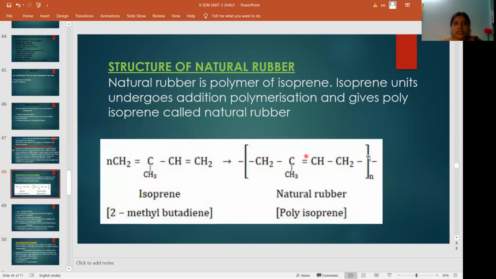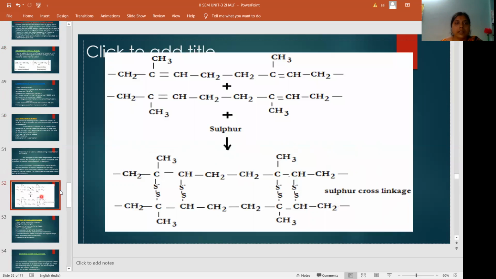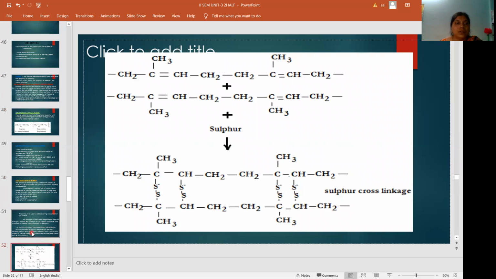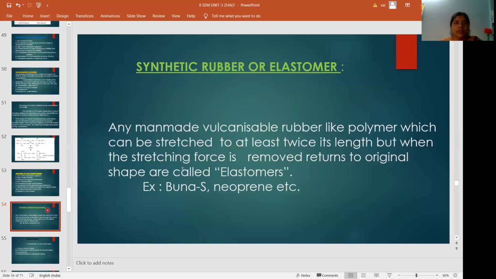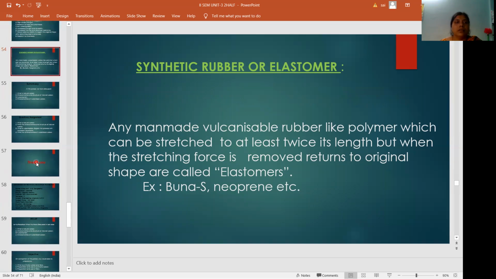Among this, the structure of natural rubber is very important, and the vulcanization process is very important. And one more question, what is elastomer or what is synthetic rubber, is important. Okay, thank you, students.